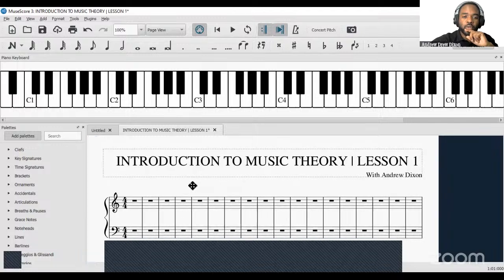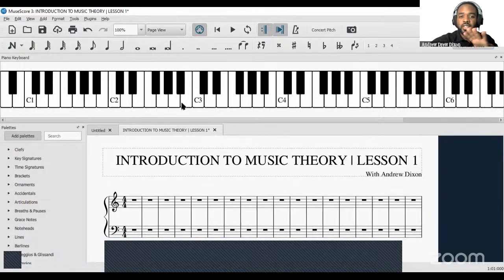All right, so on the screen I have the keys of the piano. So when I play a key, you notice it turns to blue. By the way, I'm using a software here called MuseScore.